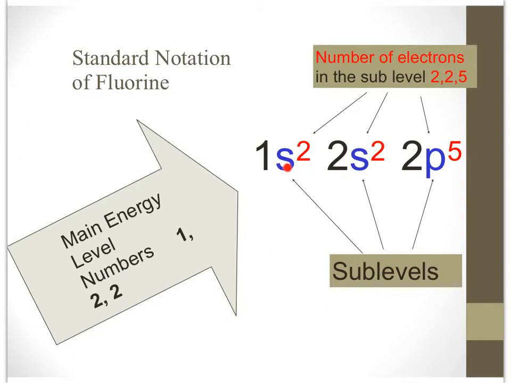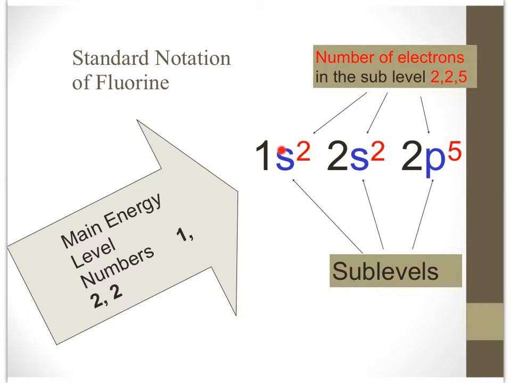So energy level, subshell, number of electrons. And all atoms always start out this same way. They always start out 1s, 2s, 2p, 3s, 3p, 4s, 3d, etc. So even this, if you're doing a bigger atom, can get a little bit repetitive because it starts out the same way.